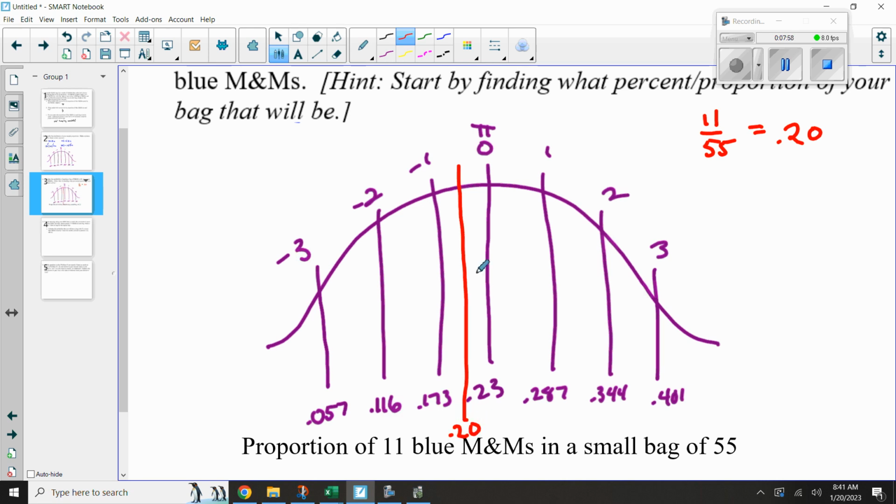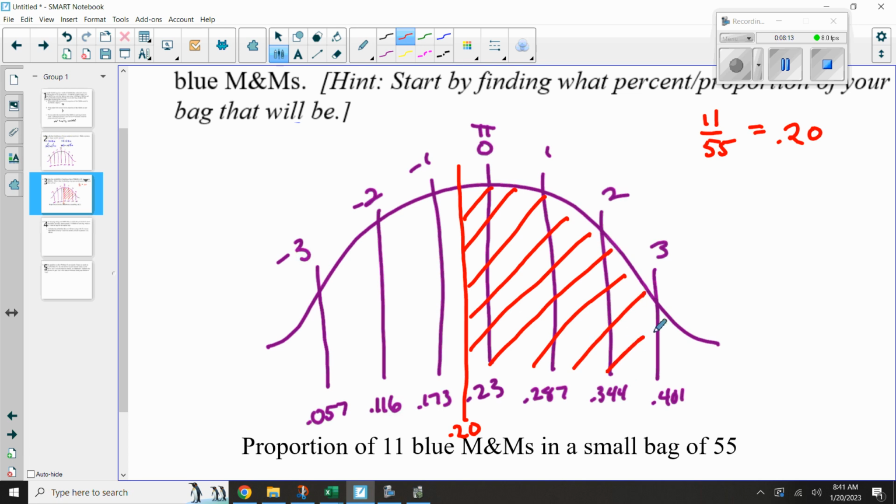And I need to find the area here under this curve to the right of 0.20, greater than 0.20, greater than 11 M&Ms. And to find a percentage or a proportion of area, I know that the tool I'm going to use is normal CDF. That's going to give me the proportion of anything under a normal curve.